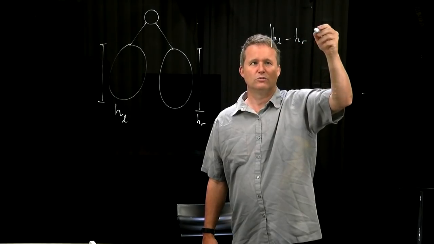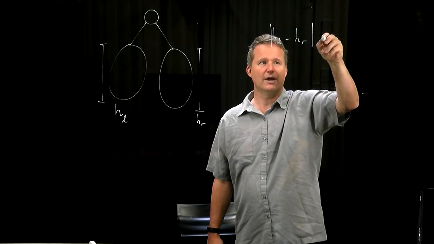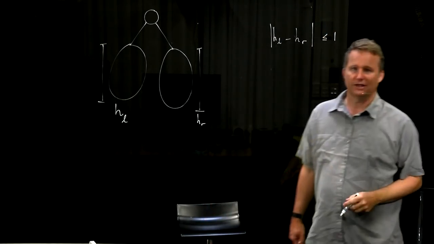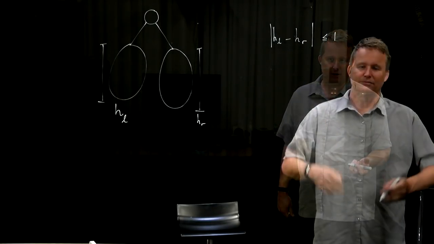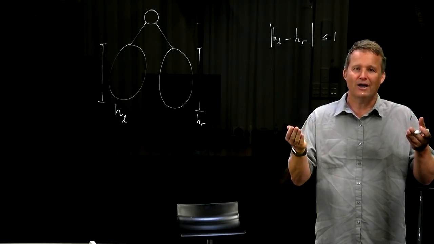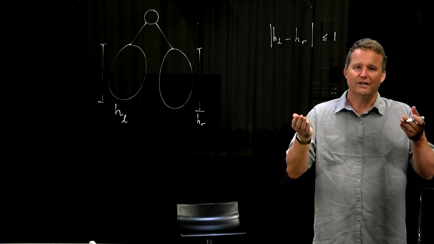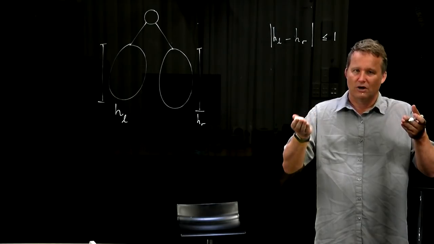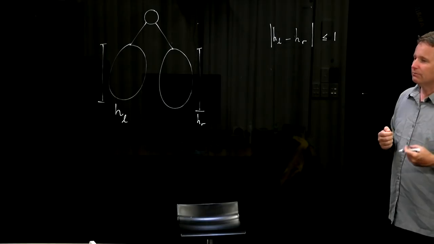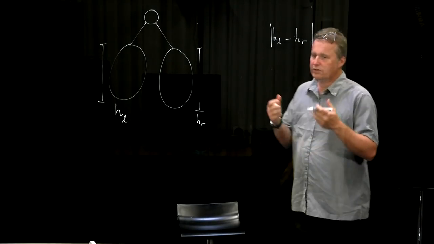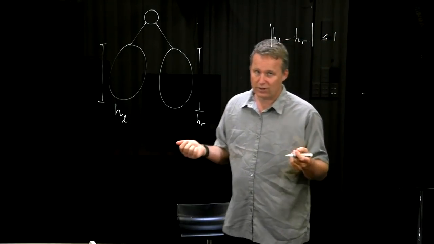Since one of them could be larger than the other and we're not sure which one, the condition is that the absolute value of the difference of the heights is less than or equal to 1. So they either have exactly the same height, or one is higher by 1 than the other. Okay? Now, in order to maintain that, there's quite a bit of work required.